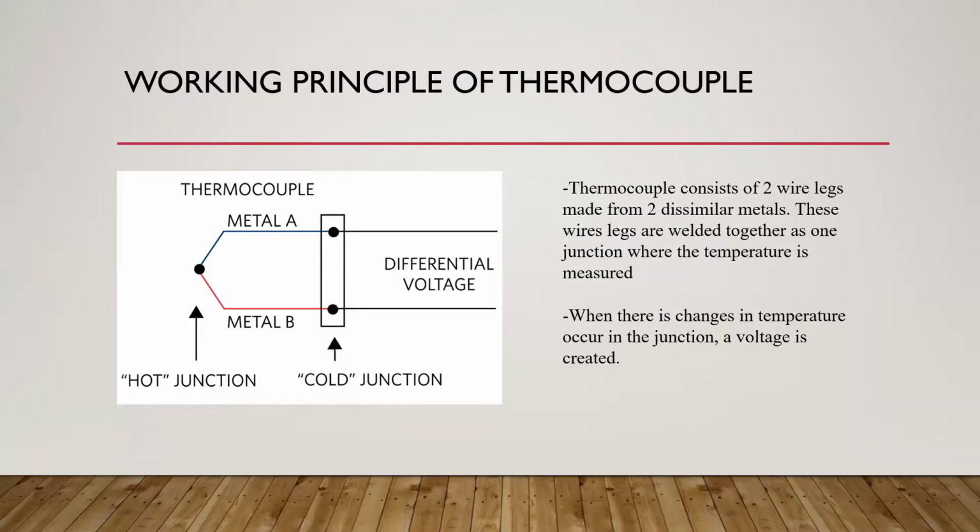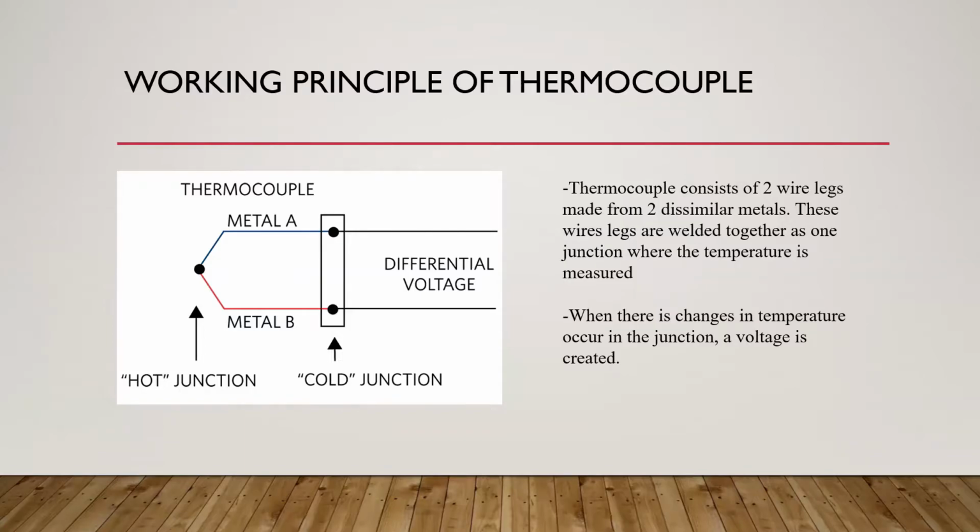The connection point where metal A and metal B are welded is the hot junction, where the temperature source is detected and measured. The cold junction is the reference junction that creates the temperature difference and thus produces the potential difference.